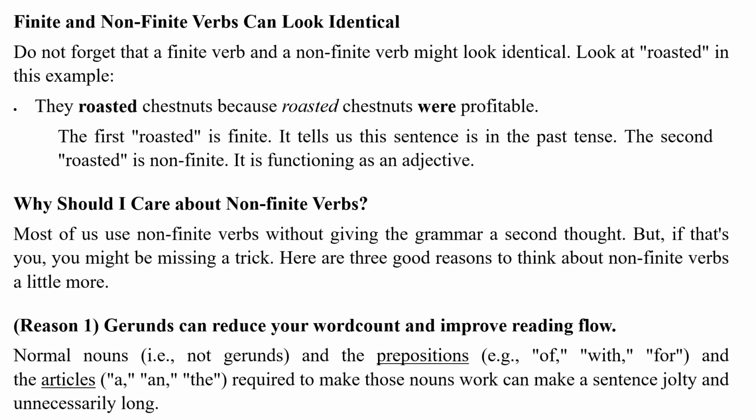Reason 1. Gerunds can reduce your word count and improve reading flow. Normal nouns, that is, not gerunds, and the prepositions, for example of, with, for, and the articles a, an, and the, required to make those nouns work, can make a sentence jolty and unnecessarily long.